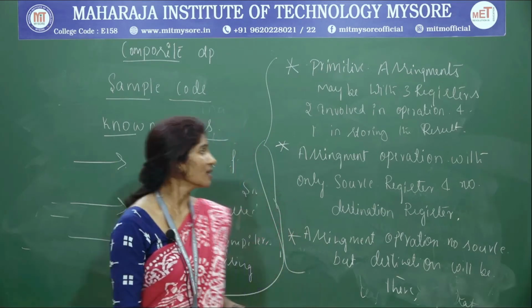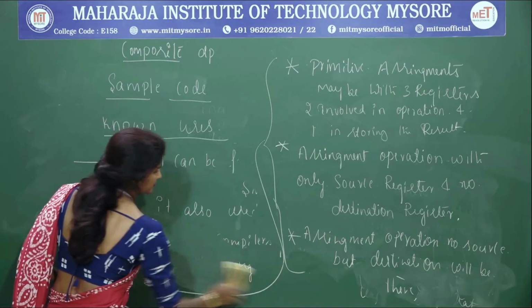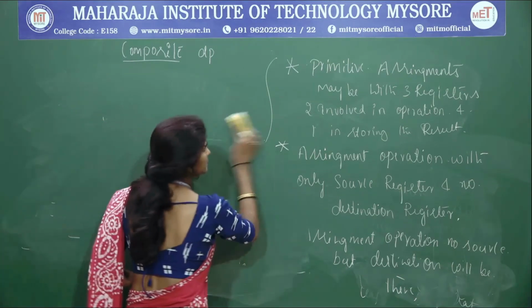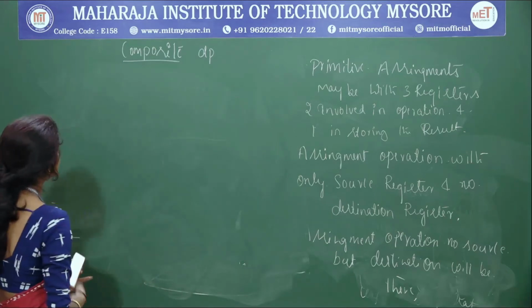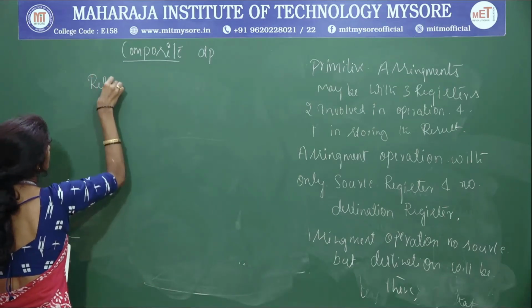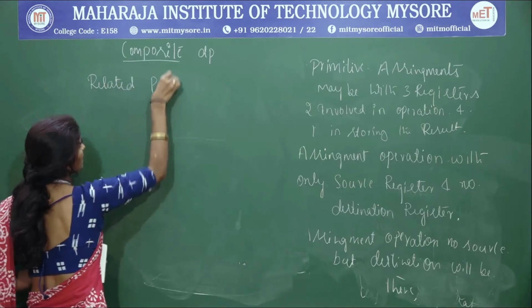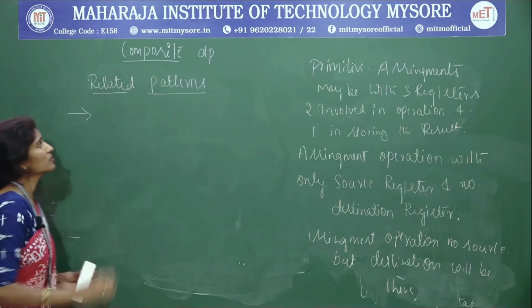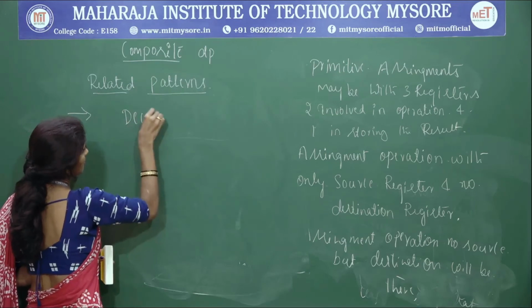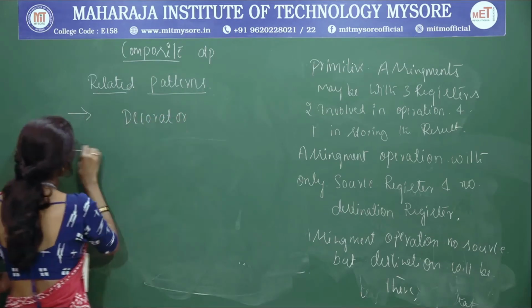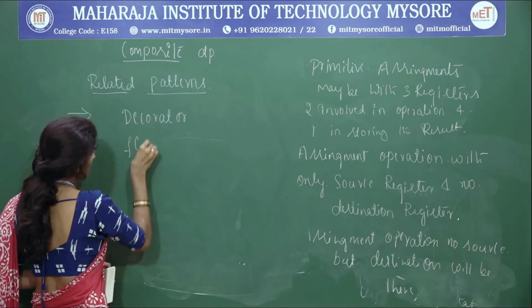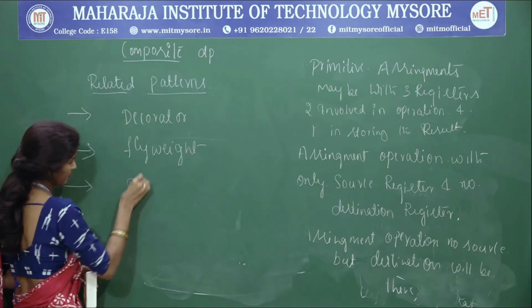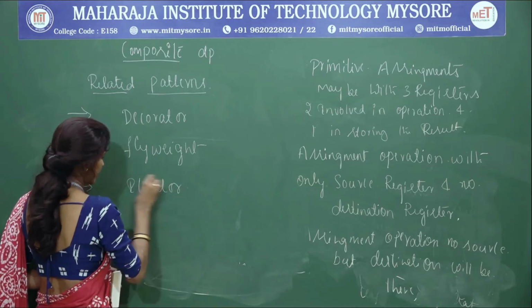What are all the related patterns that we can relate? Related patterns for composite design pattern: Decorator, flyweight, iterator.